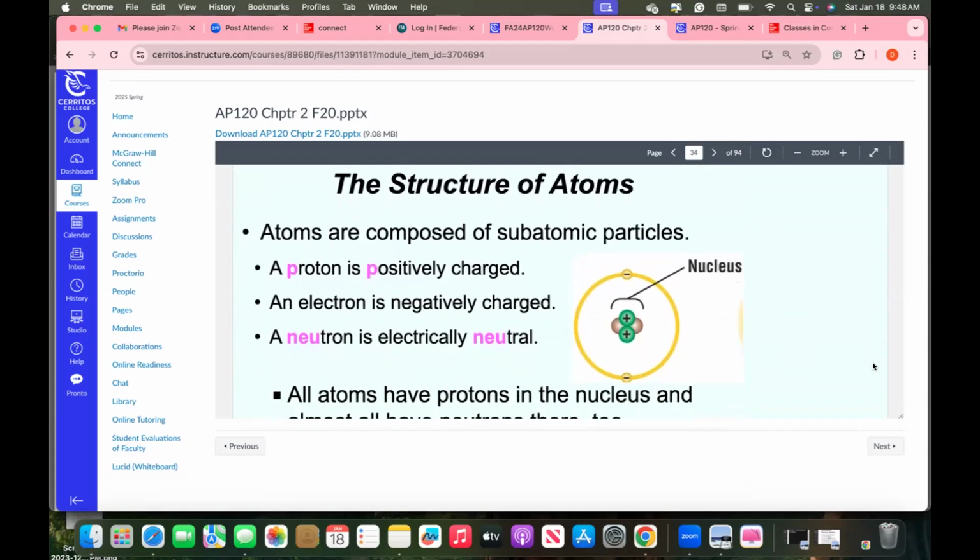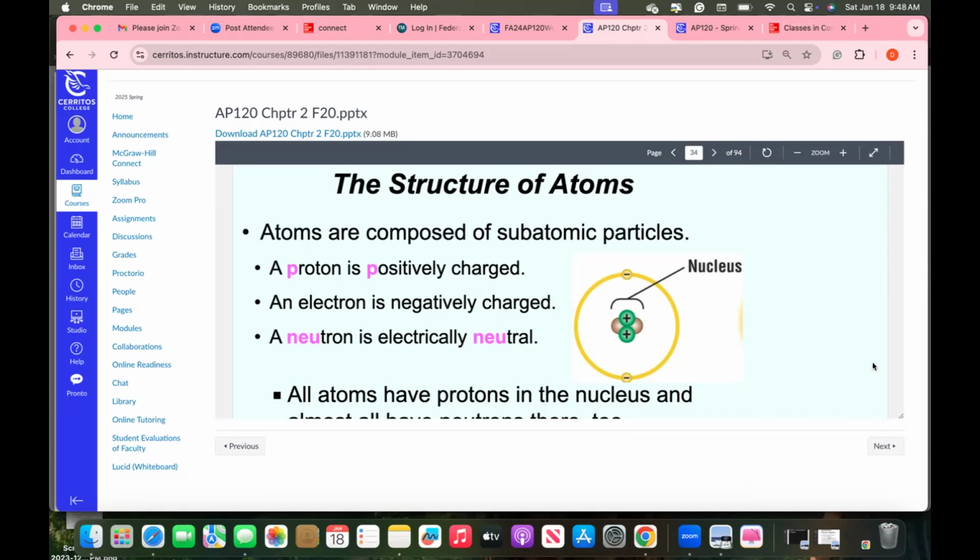Now, here she tried to give you a little bit of a memory trick. So we have in the inside of the atom, which is denoted by this round circle, positively charged units called protons. Proton starts with P, so does positively charged.